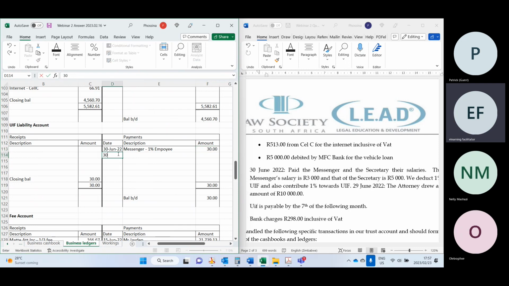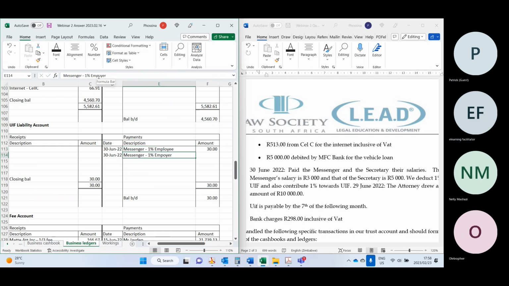And then we've also got an obligation to pay 1% for the employer for the messenger, also 30 rands.